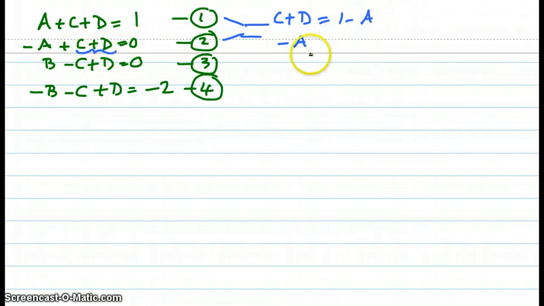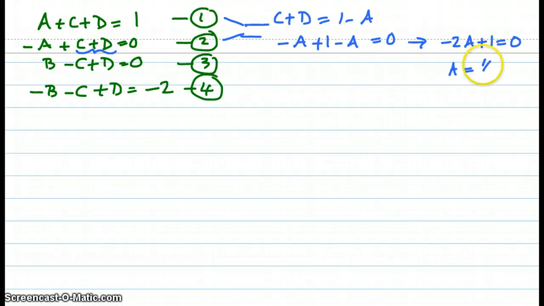If you replace that with 1 minus a, you get negative a plus 1 minus a is equal to 0, or negative 2a plus 1 equals 0. Therefore, a equals 1/2.